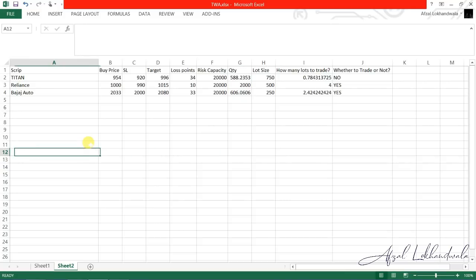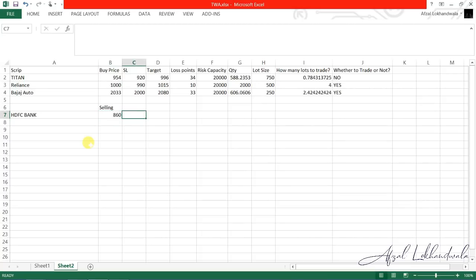Now let us take an example of the short trade. Let us say that we are shorting HDFC Bank. So the trade is getting entered, we are selling it at, let us say, 860.